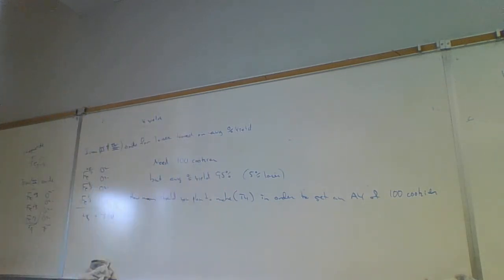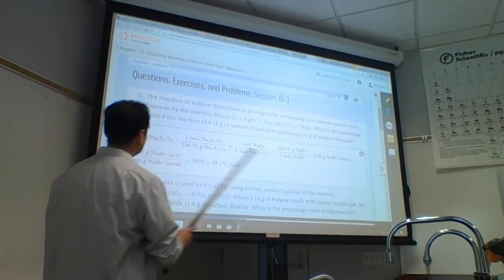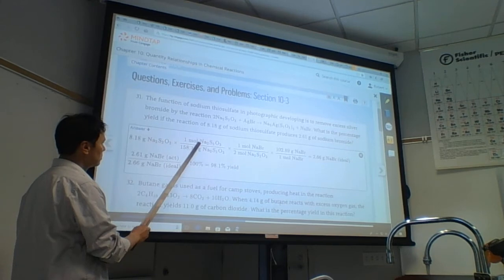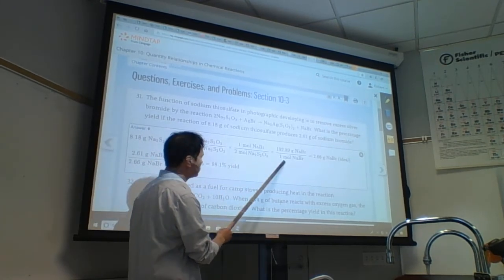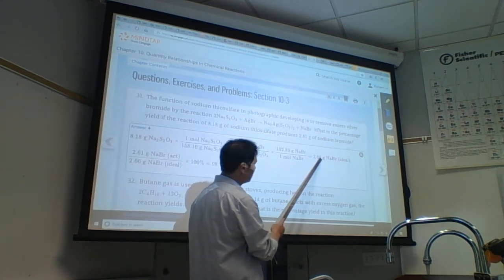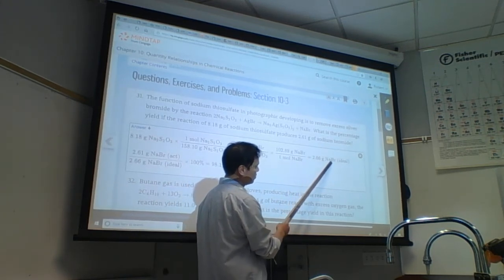So let's take a quick look at this and then we'll take a break. The first thing they did was calculate what they call the ideal yield, or the theoretical yield: grams of sodium thiosulfate to moles of sodium thiosulfate to moles of sodium bromide to grams. In theory, they should have gotten 2.66 grams of sodium bromide.